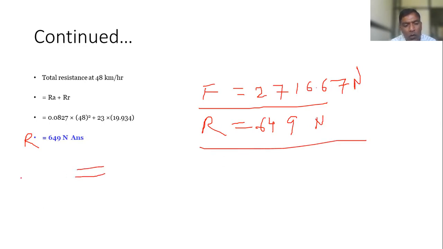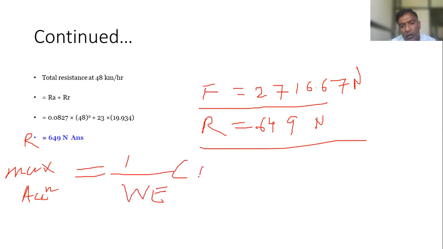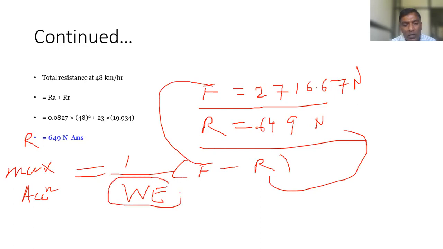Now, how to calculate maximum acceleration? For that, 1 upon WE into F minus R. We got the R value, we got this value. What is remaining? This. WE. So 1 upon this. I am keeping it deliberately. 16.67 minus 649.